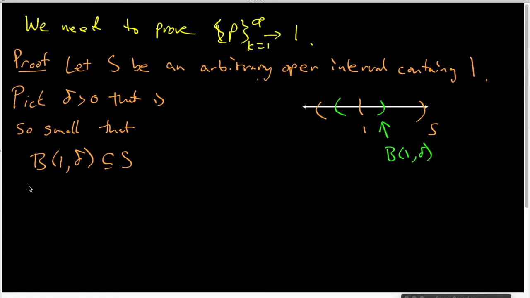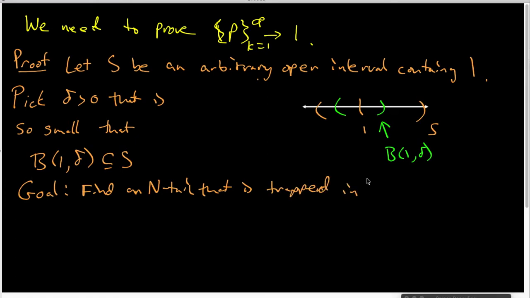And my goal is to find an N-tail that is trapped inside this delta ball. Now, what I want to think about is, what does that mean?